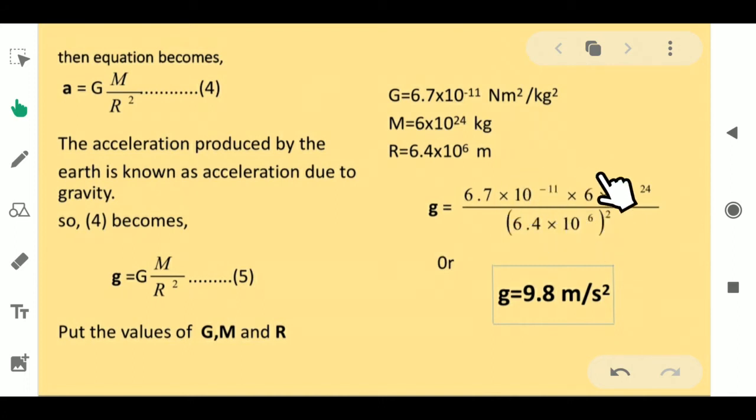After calculating, you will get small g is equal to 9.8 meter per second square. It is acceleration, therefore the unit is meter per second square. Therefore acceleration due to gravity g is equal to 9.8 meter per second square. Clear?